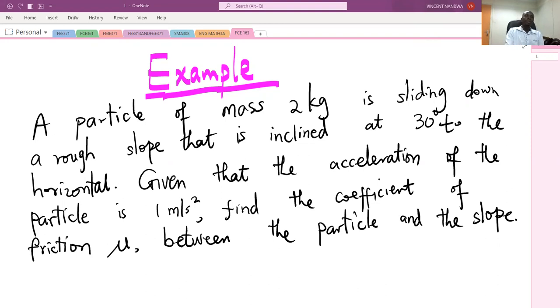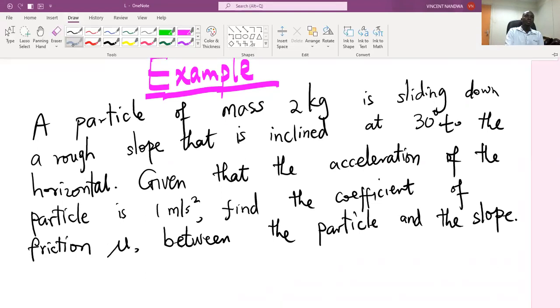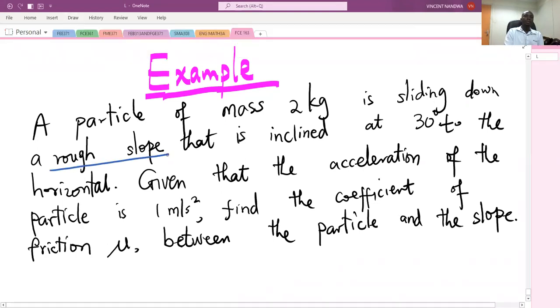Now, when we are told that we have a rough slope, then that will tell you that frictional force matters. So given the acceleration of the particle is 1 meter per square second, find the coefficient of friction between the particle and the slope.